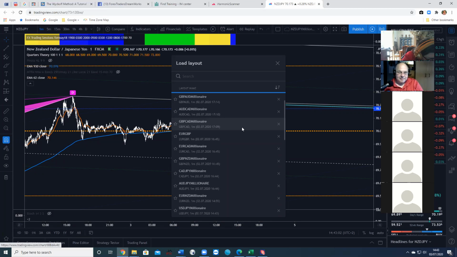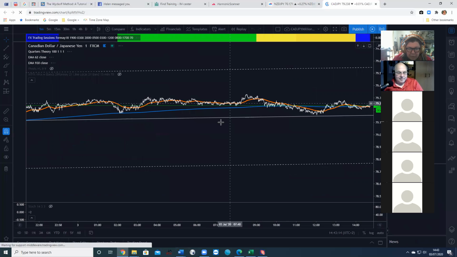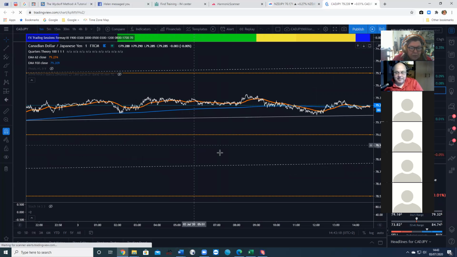Let me look at my previous sheet. Let's look at CAD JPY. I may have taken my marks off as well. Sometimes I try and remember to keep them.